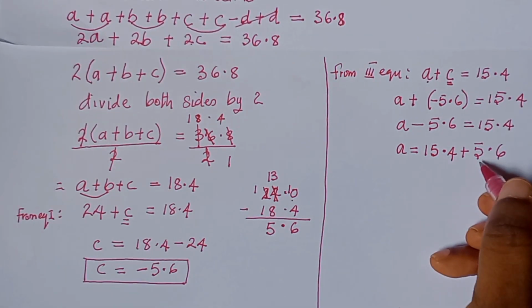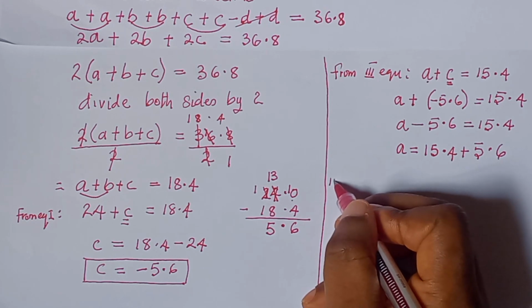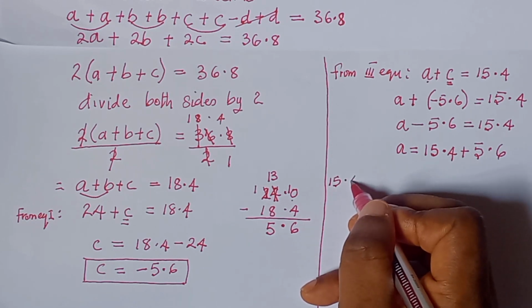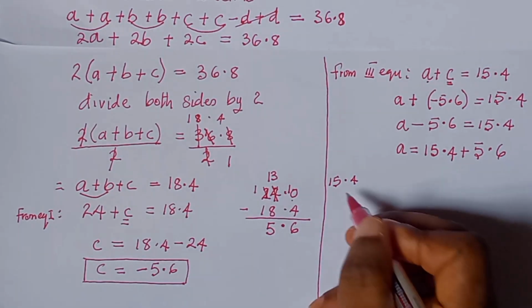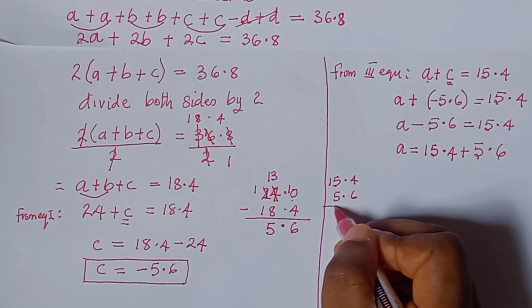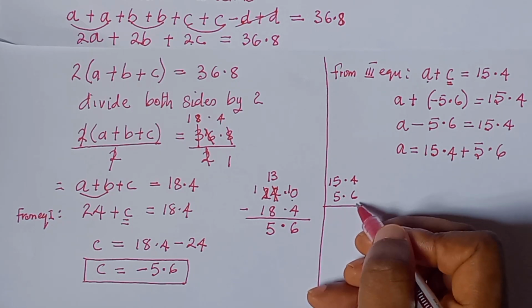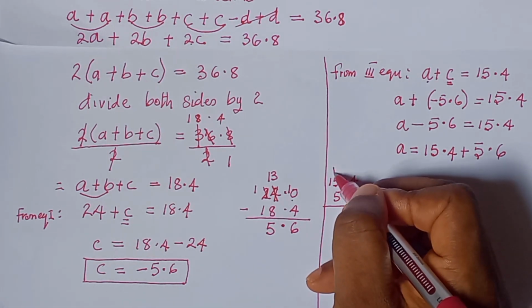Now we can do this addition over here. So you have 15.4 plus 5.6. Your 4 plus 6 is 10. You have your 0 down, you carry your 1 here.